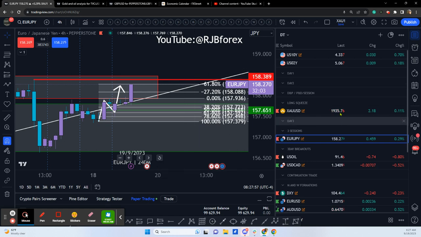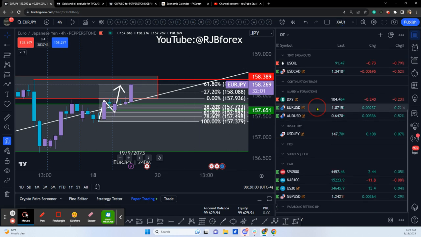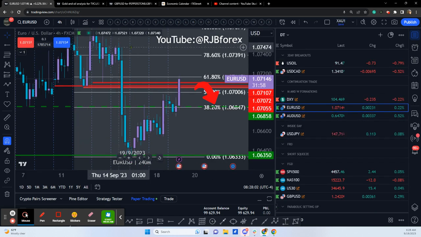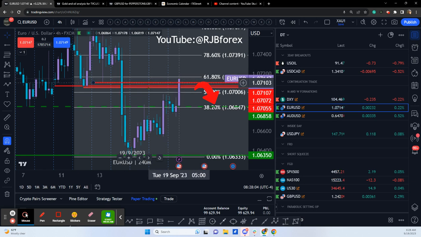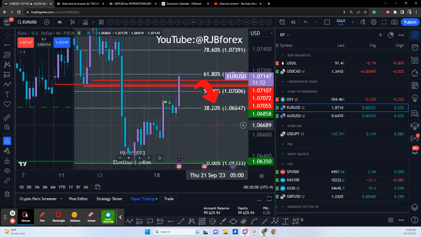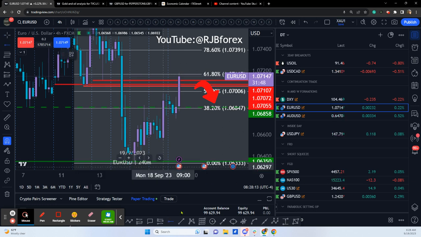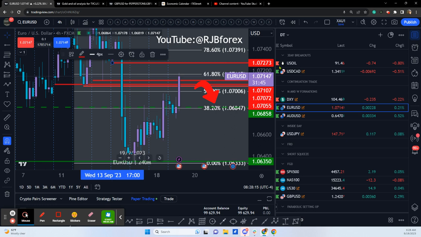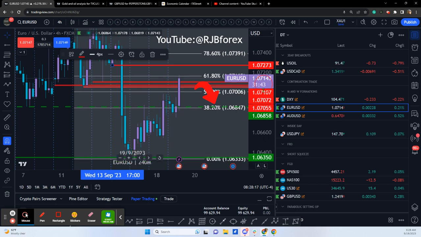The euro is taking on resistance, a strong move. This has prospects of a continuation up into the 20s.